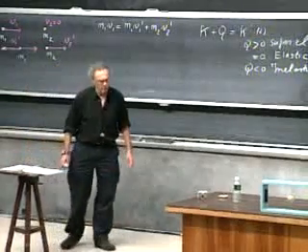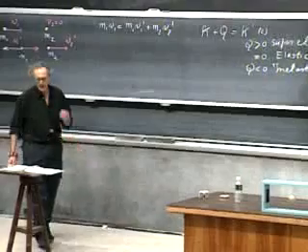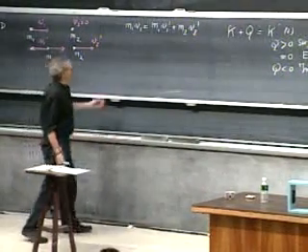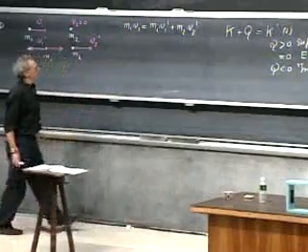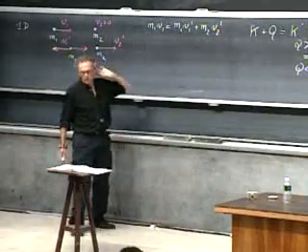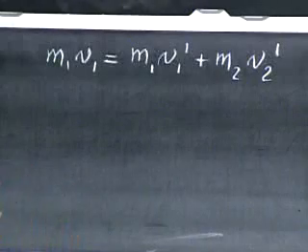Now I want to continue with a case whereby I have a completely elastic collision. So q is 0. Momentum is conserved because there was no net external force. So now kinetic energy is also conserved.